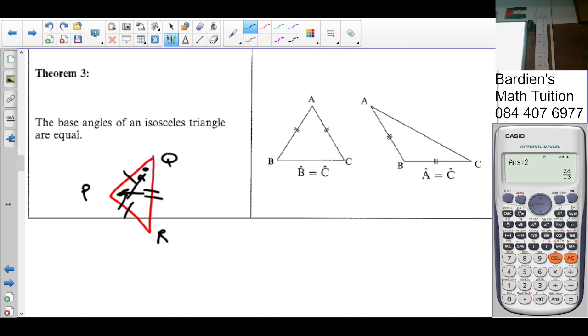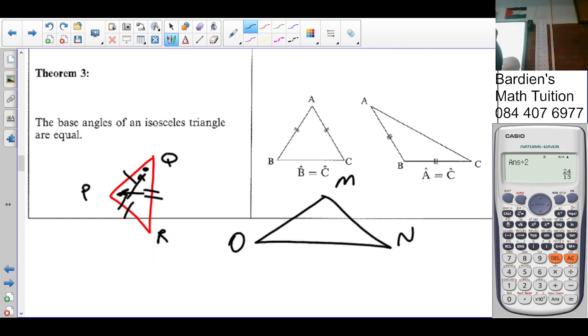You guys get the idea? I'm going to do another one. If that length is equal to that, which angles are equal? O and N. Right? Good. Now? Still O and N. Why? Because it's only those two lengths that are still equal. And now?